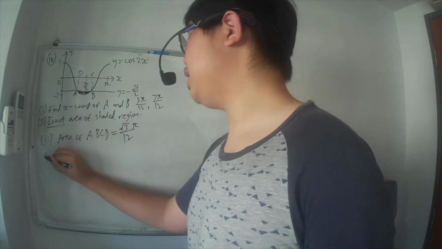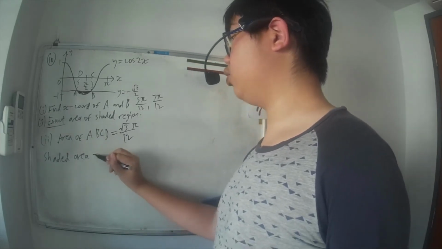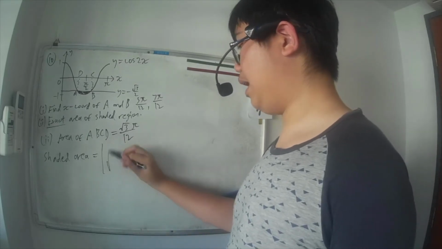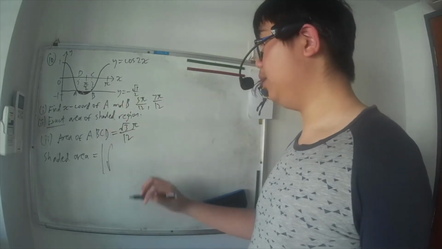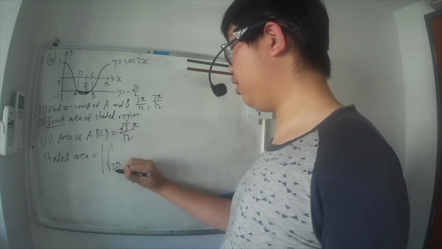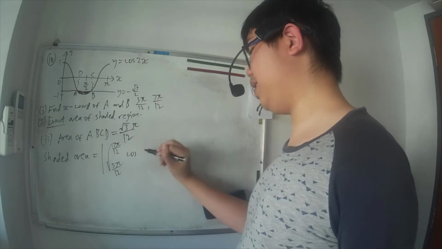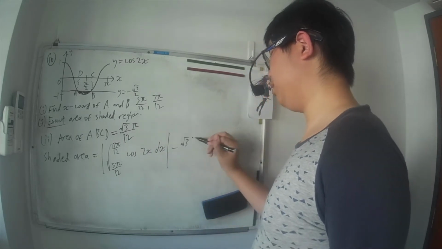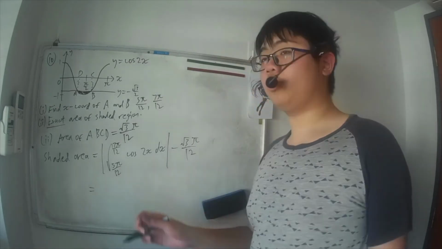So now the shaded area is equal to, now we need to put a modulus sign here. I'm not sure if syllabus 4049 still teaches area below shaded region, but anyway, this goes from 5 pi over 12 and 7 pi over 12 of cosine 2x dx, minus square root 3 pi all over 12. Okay, so integral of cosine 2x, use your rules.